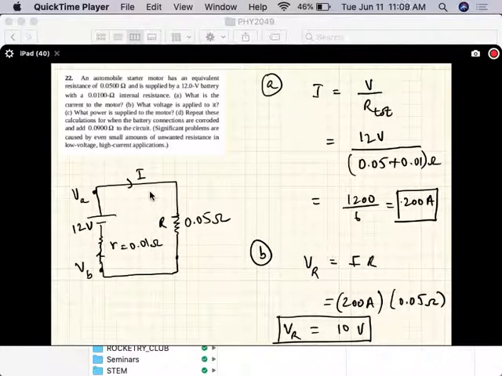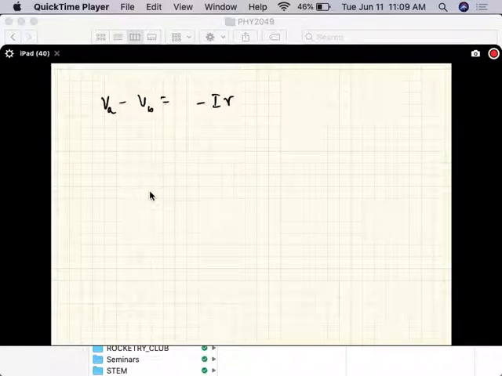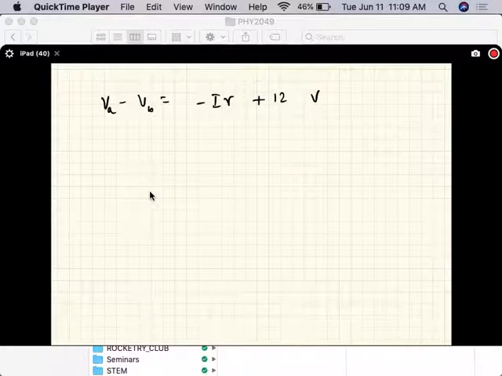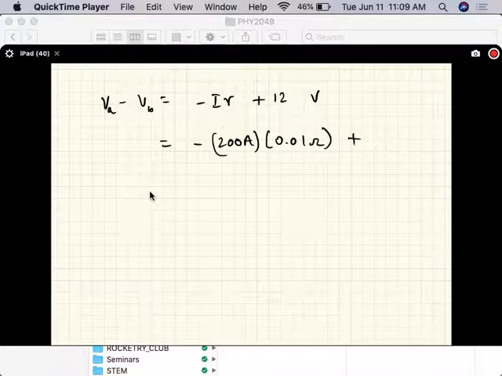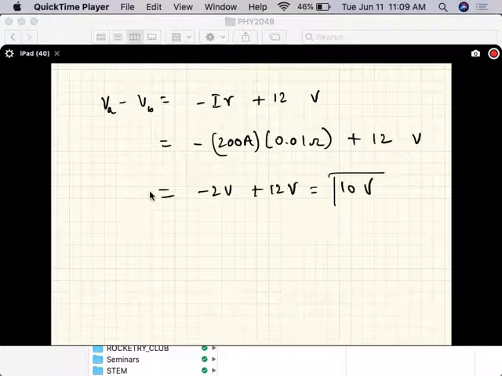And then when you go across this, you are getting plus 12 volts. So VA minus VB is minus IR plus 12 volts. Minus I is 200 amps, R is 0.01 ohms, plus 12 volts, and that's equal to minus 2 volts plus 12 volts, equal to 10 volts. So here's another way of showing the terminal voltage, the voltage that the motor is seeing.